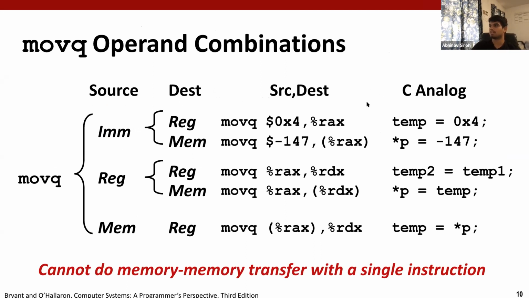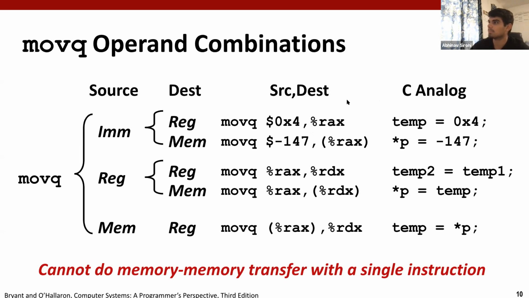This slide shows you how you can move things between memory and registers, and what the C analog of that would be.